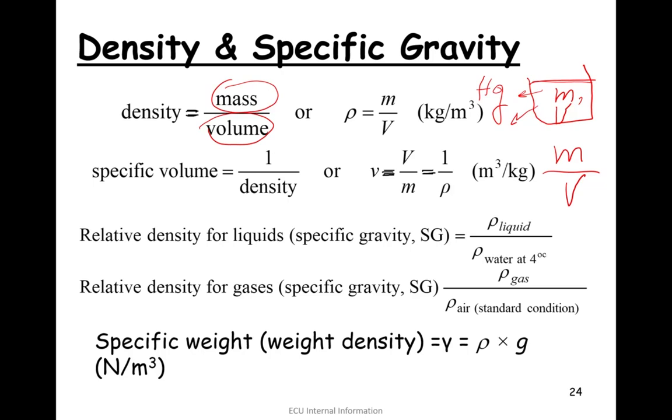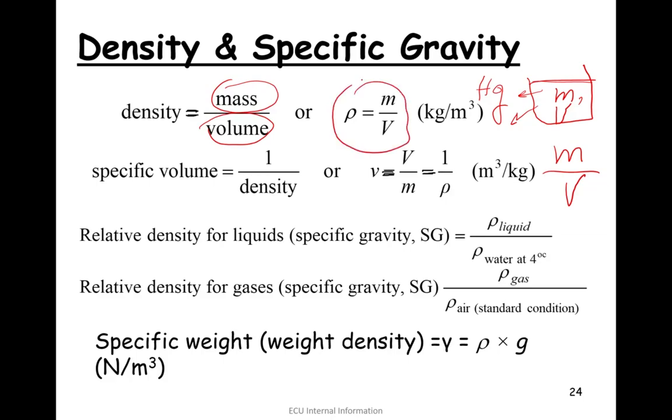So what I'm trying to say is, if we have 1 liter of water and 1 liter of mercury, the density of mercury is 13.6. That means 1 liter of mercury is 13.6 times heavier than water. And this is how density is set.